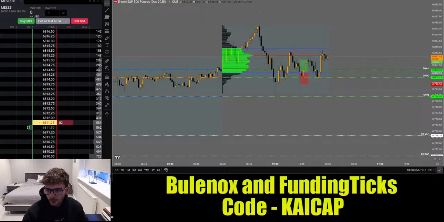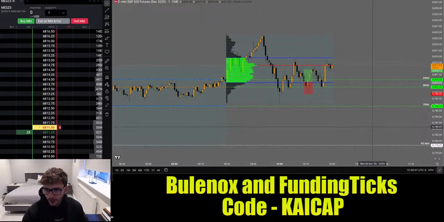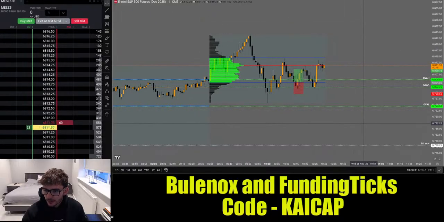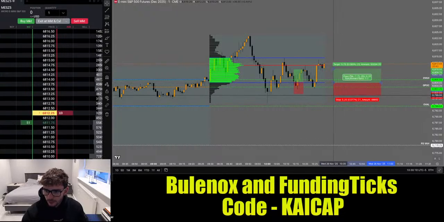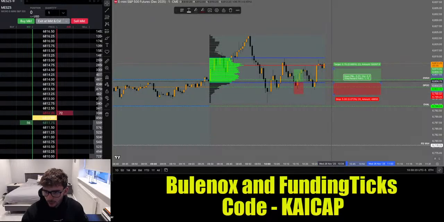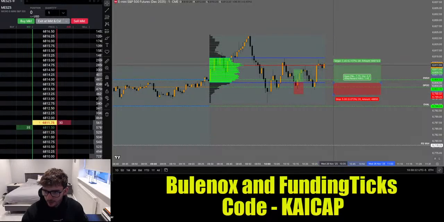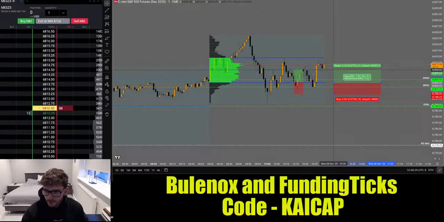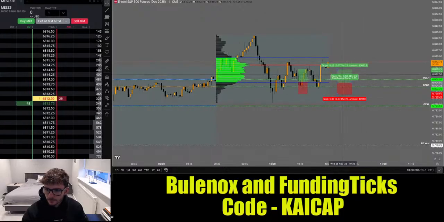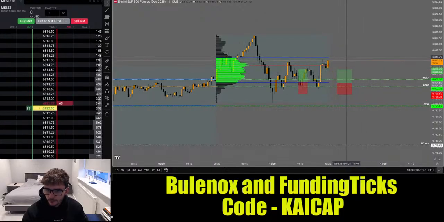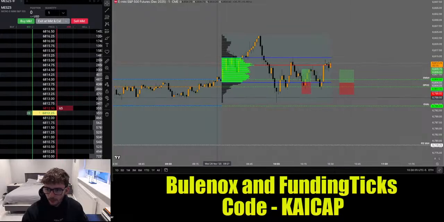Kind of want to try that long again now, if we can get back down to it, because this is an even better D-shaped profile now. Might just do that. Current session value area low. And this time I'll try and hold a runner for this upper POC for a couple more ticks. I like that.